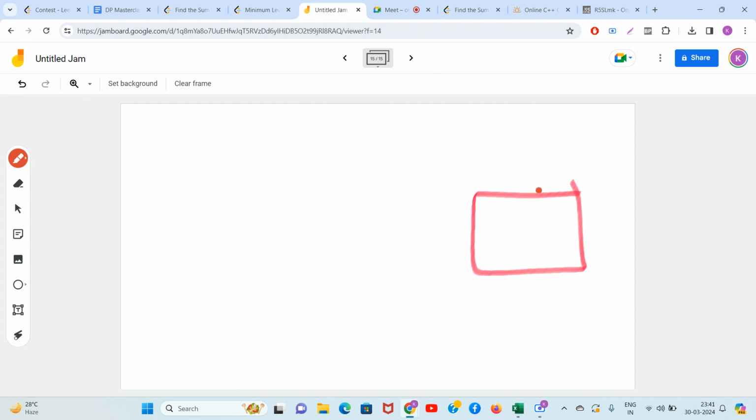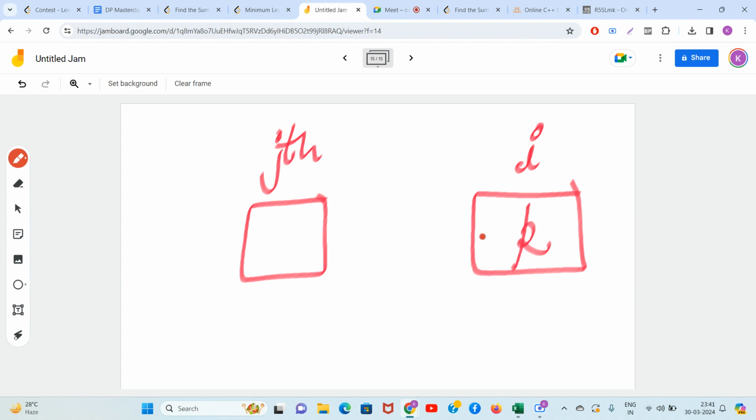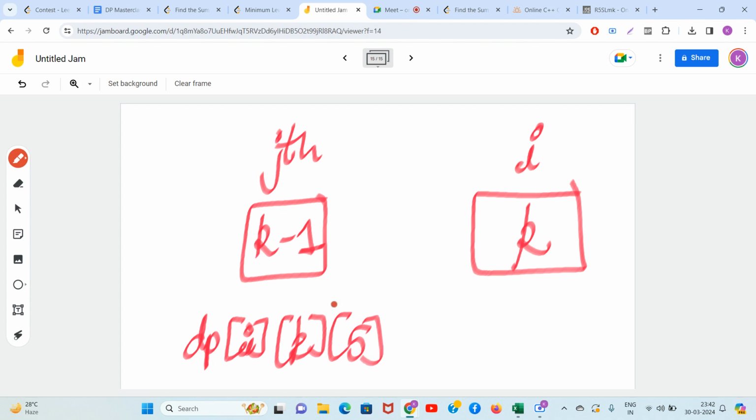Now, Pooja, you are at index I. This is index J. This is the kth element and this is the k minus 1th element. You want dp I k 5. And this distance is coming as 10.